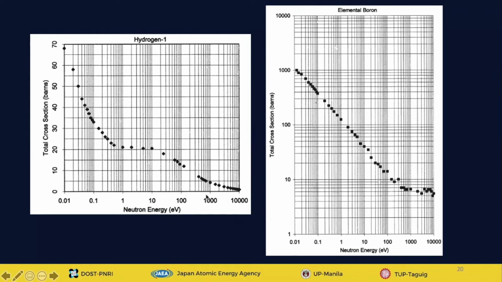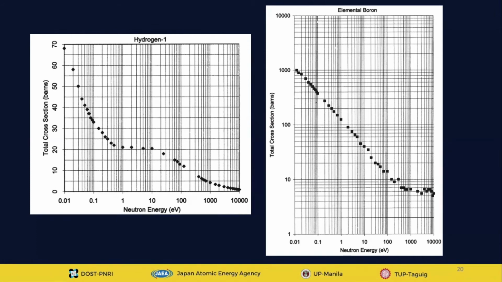That means that the neutron reactions with the nuclei of hydrogen and boron in this example obey a general rule of having some proportionality to the inverse of the energy or the inverse of the velocity.